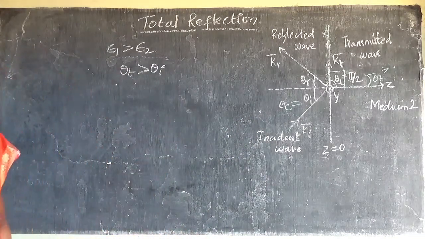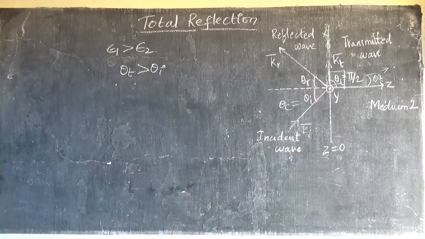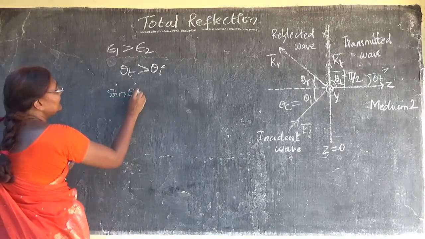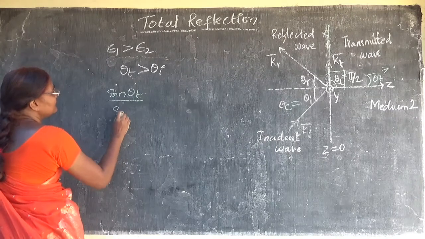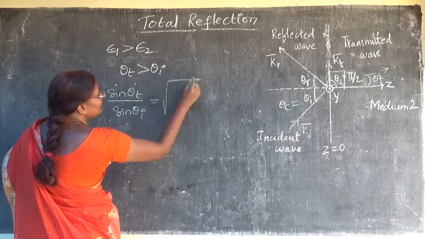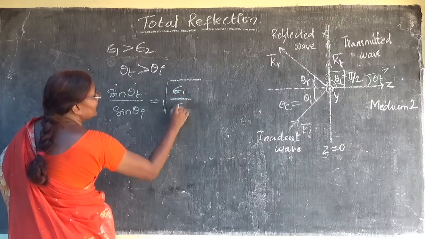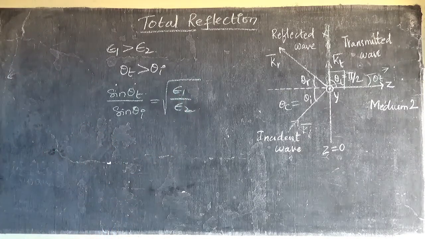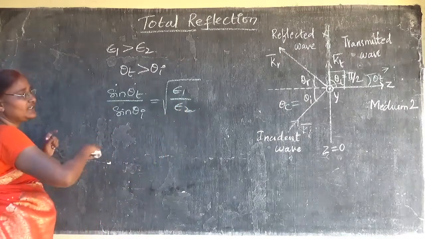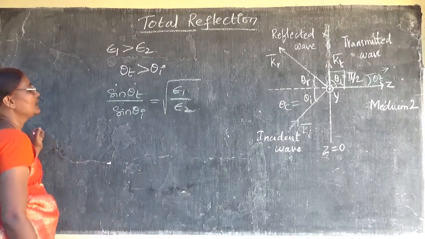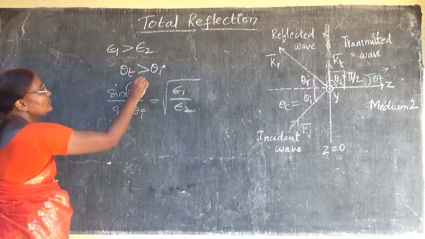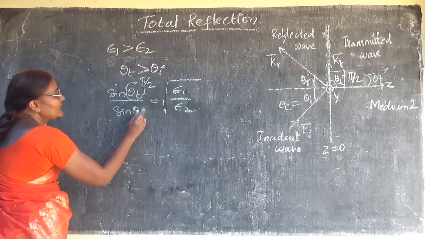And you have a formula: sin theta t by sin theta I is equal to square root of epsilon 1 by epsilon 2. This is the equation we derived in the previous topic. Theta t will be pi by 2 at the critical angle.